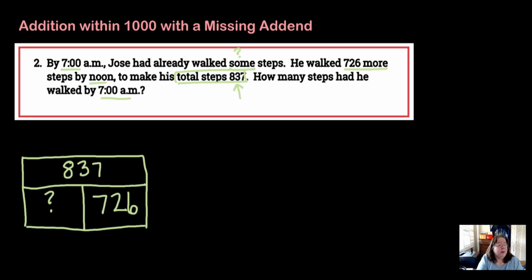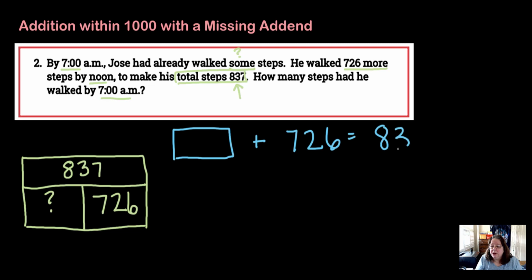If I had a piece of paper, I would just move down to an empty part because I like to keep my diagrams there, but I'm just working on this screen here. So something plus 726 equals 837. Well, I'm just not able to pull out of my head what I can add to 726 to equal 837.